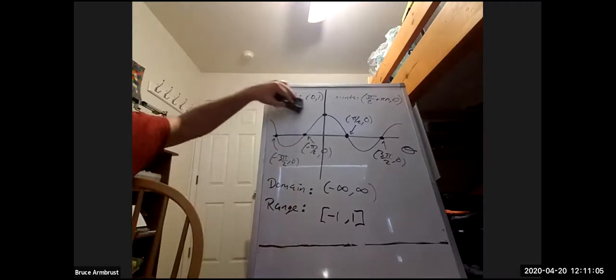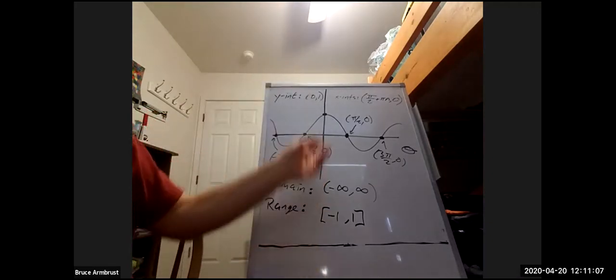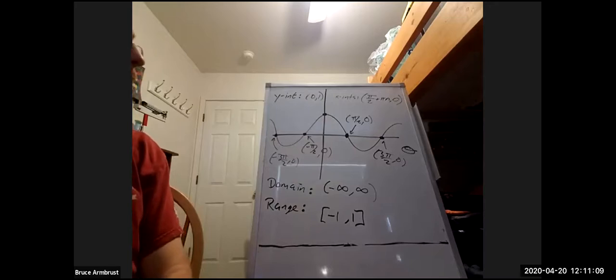All right, so we've got domain, we've got range, we've got intercepts. Those are kind of the primary things that we do when we're looking at graphs of functions, at least up to this point. But there's another special thing about this graph that you've probably not seen before up to this point.